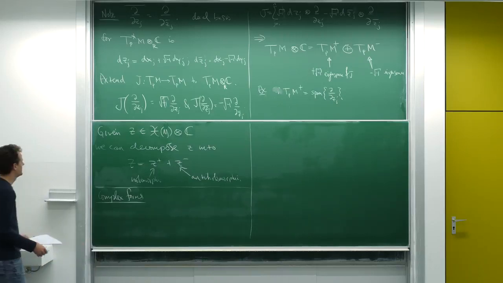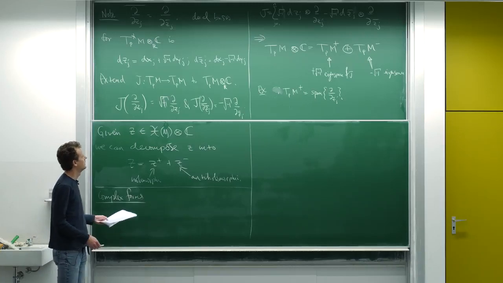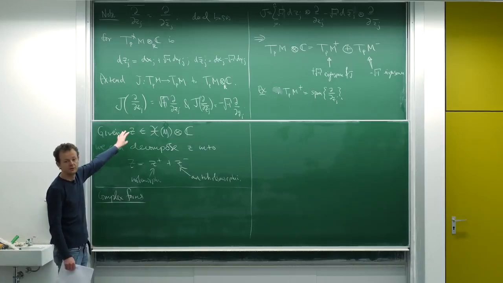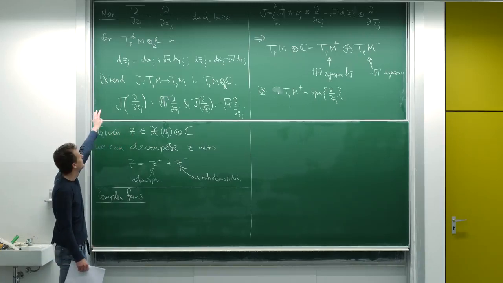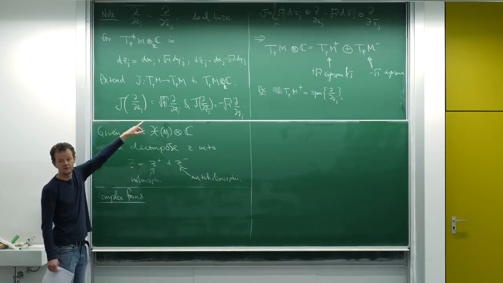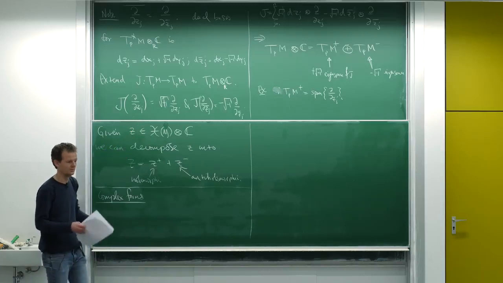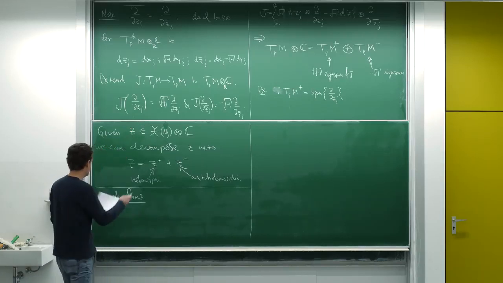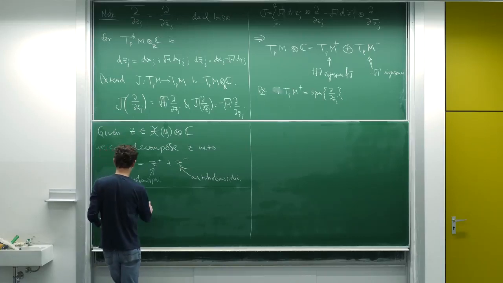So we want to look at the space of complex forms, which are dual to complexified tangent vectors, and we want to talk about higher order complex forms as well. So we need to build them somehow, so let's do it.